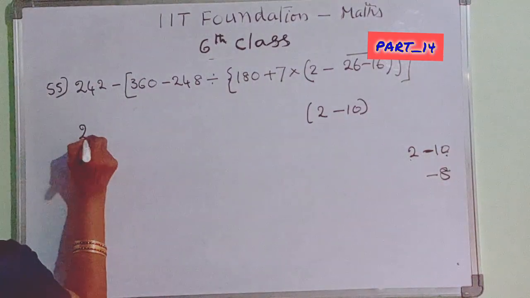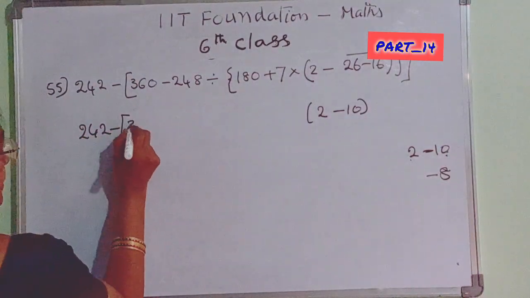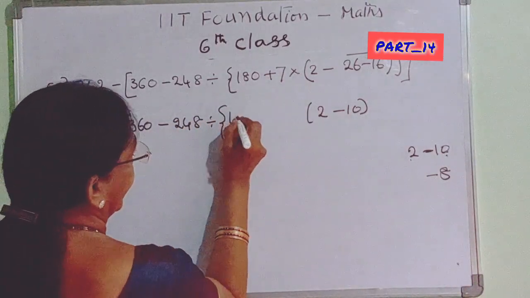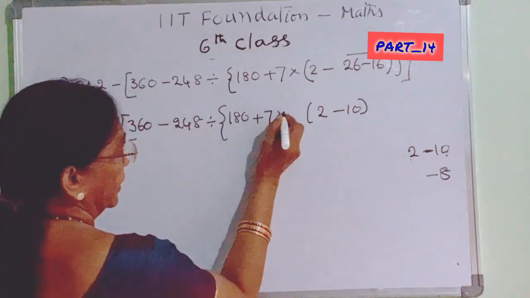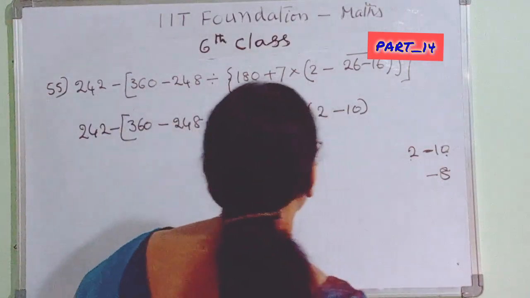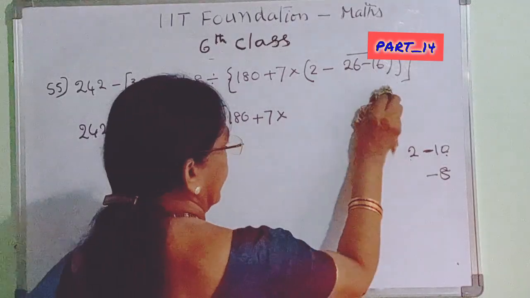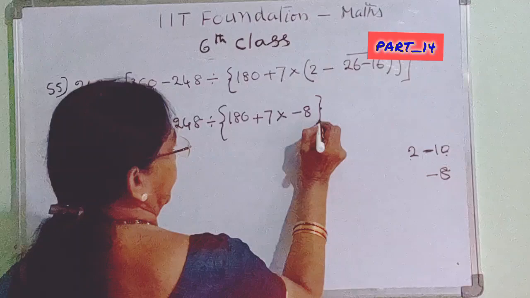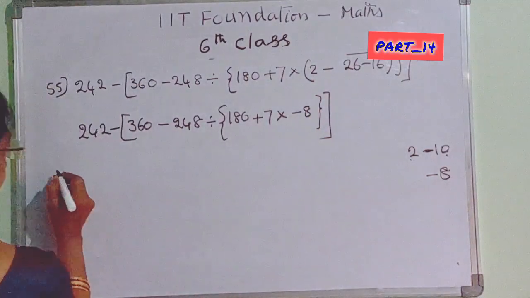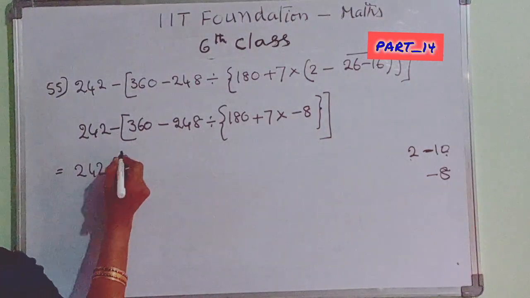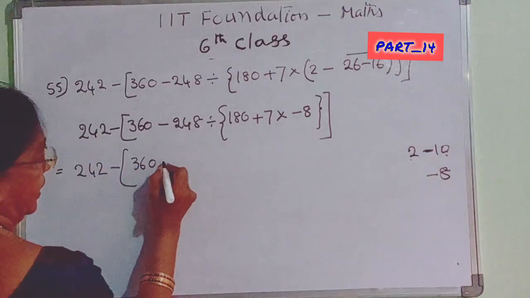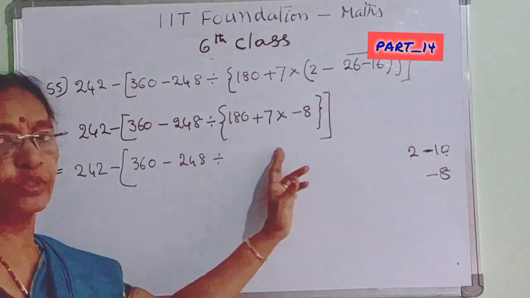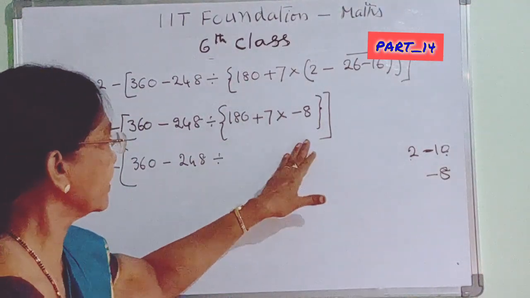So we get 242 minus 360 minus 248 divided by 180 plus 7 into minus 8. Next, we have to simplify the expression inside the flower brackets.